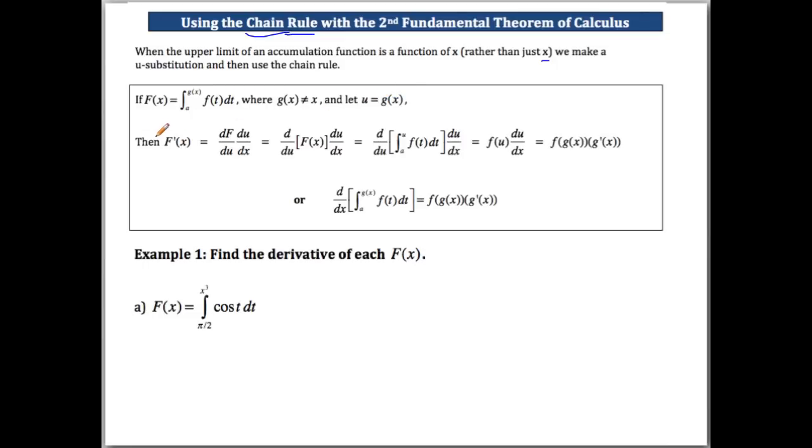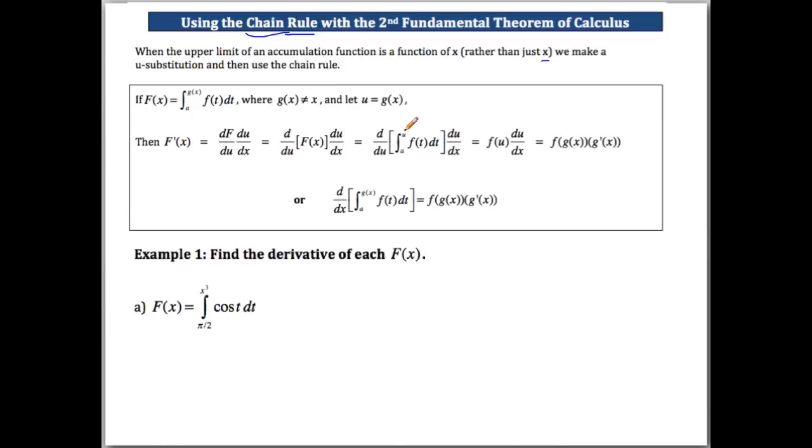Then if we were to take the derivative, we would say dF over du times du over dx equals the derivative with respect to u of our F times du dx.